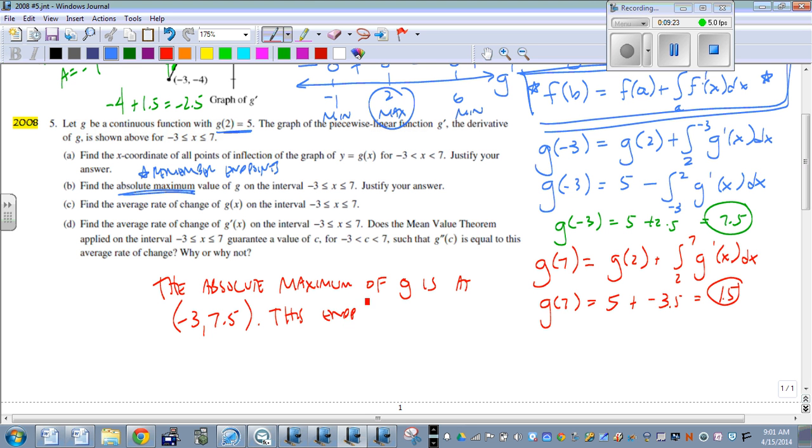And to kind of justify our answer, that this endpoint is higher than the one local maximum on this interval.